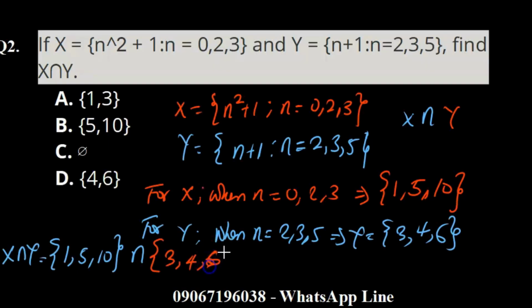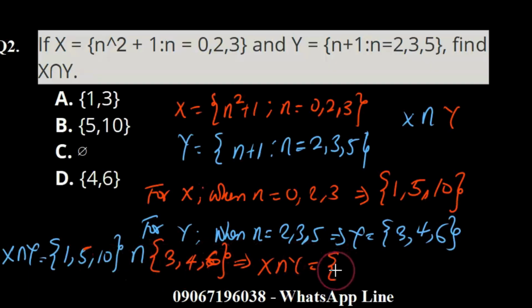The intersection is the set of elements that belong to both sets. So let's look for elements that belong to both sets. There's 1 here, there's no 1 here, so take that out. There's 5 here, and there's no 5 there. Take that out. There's 10, there's no 10 there. So you see, there's no element that matches.